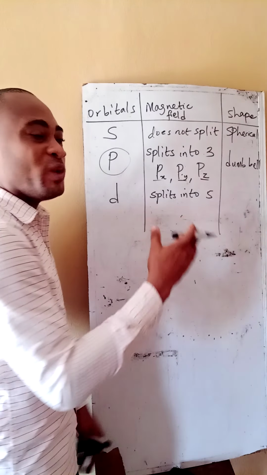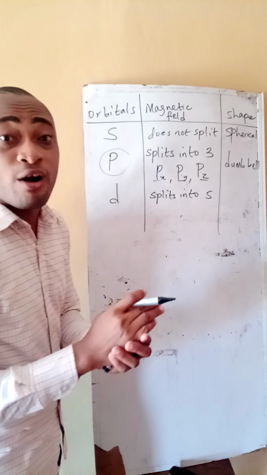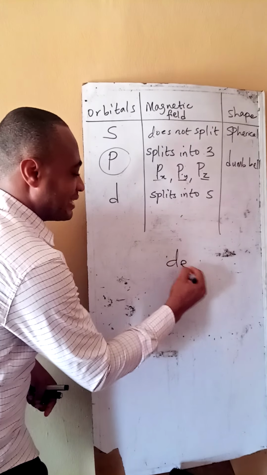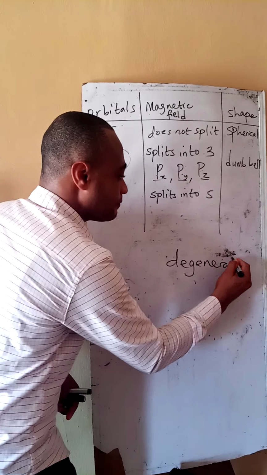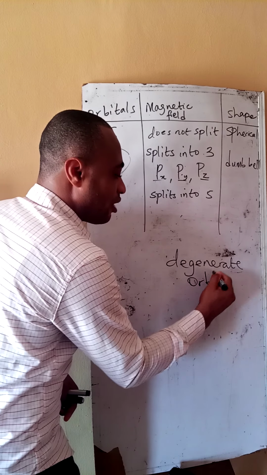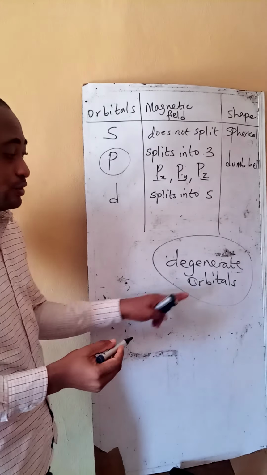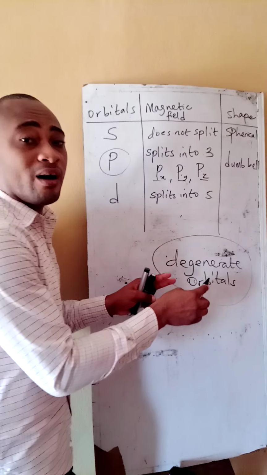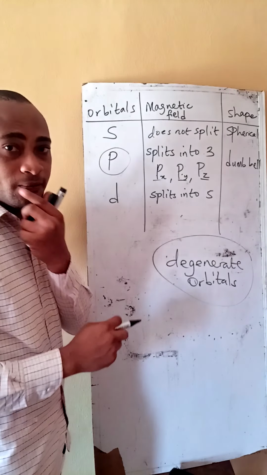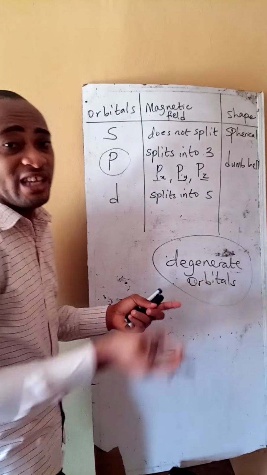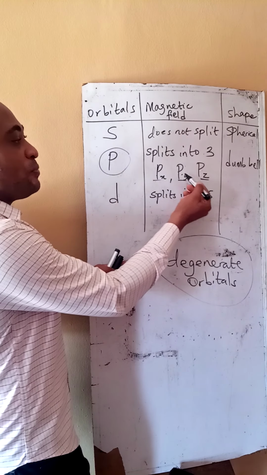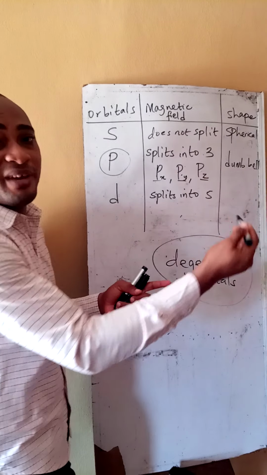And orbitals with equal energy level are called what? Degenerates. So anytime you come across this word, degenerate orbitals, remember they are orbitals of equal energy. They must all have emanated from a source. So PX, PY, and PZ will have the same energy level.